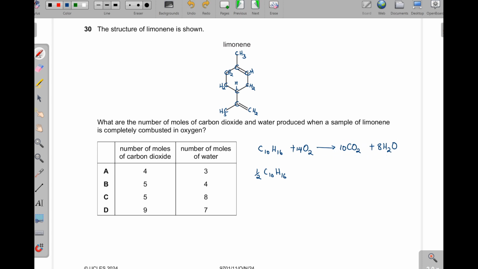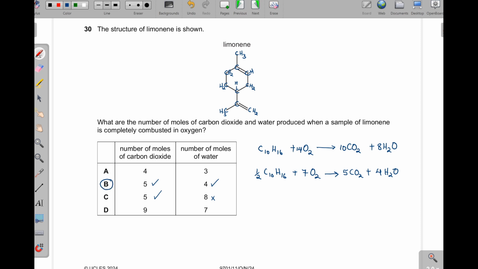Now if you combust a half a mole, what will be needed here is a 7. In other words, I'm multiplying all through by half. So this one will be 5, and then this one will be 4. So 5 moles of carbon dioxide and 4 moles of water. So that means our answer is B. As simple as that.